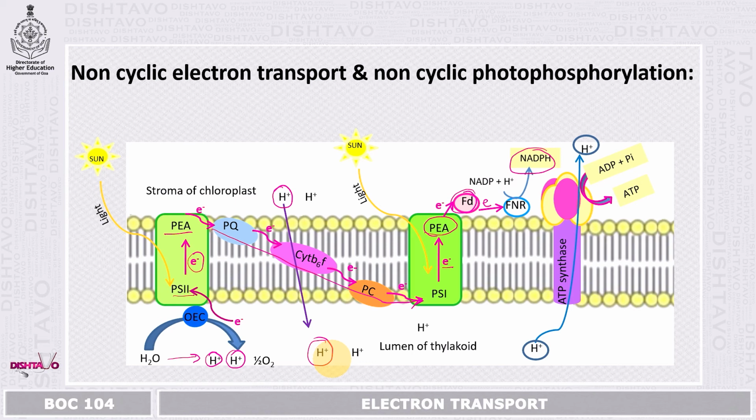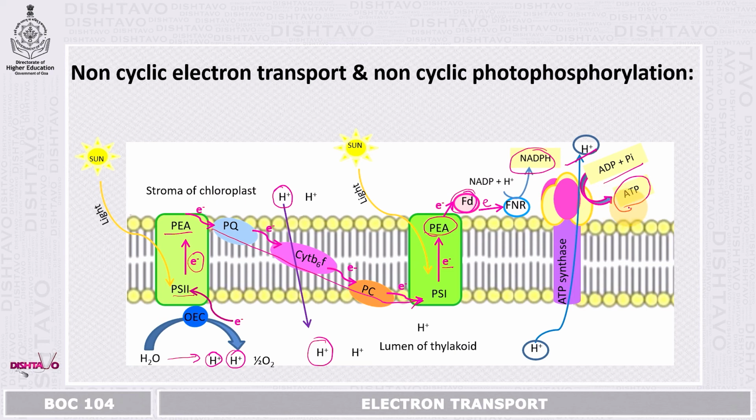This creates a proton gradient in the lumen of the thylakoid. The protons, with the help of the ATP synthase enzyme, transfer from the lumen of the thylakoid into the stroma of the chloroplast, and thereby ADP along with inorganic phosphate forms ATP.